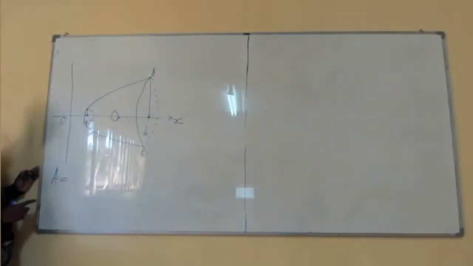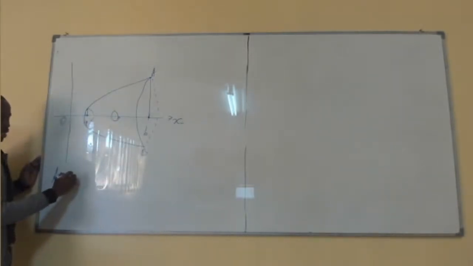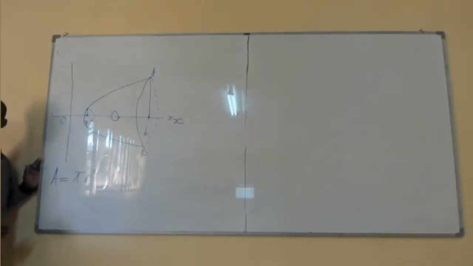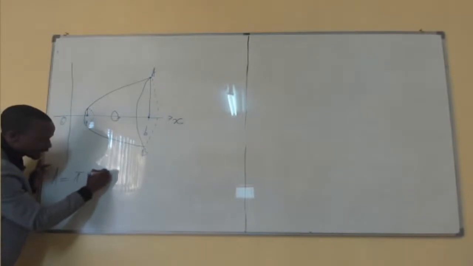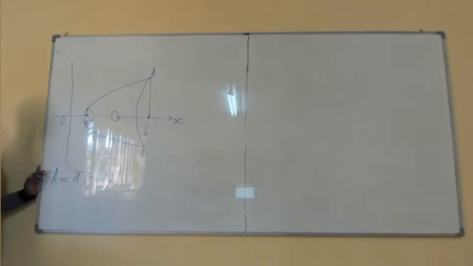The area of the circle formed by rotating this object is pi r squared, pi times the square of the radius.